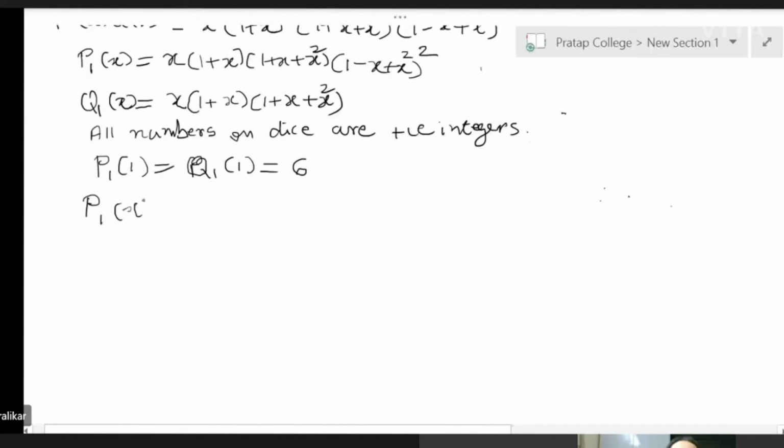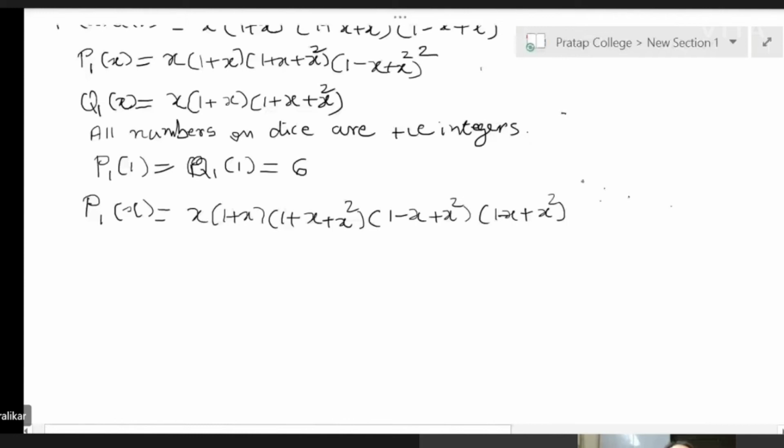P1(x) is equal to, write the solution: x into 1 plus x into 1 plus x square into 1 minus x plus x square into 1 minus x plus x square again. All we have to do is write down the product.